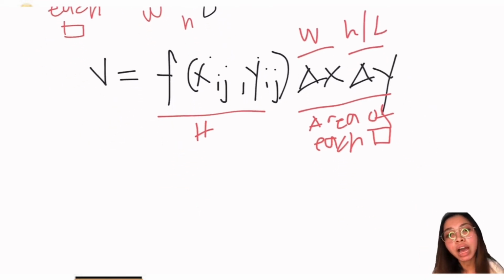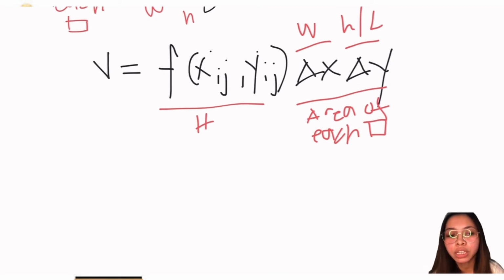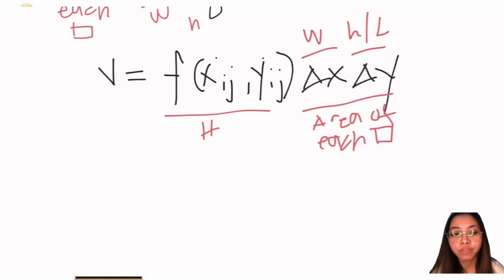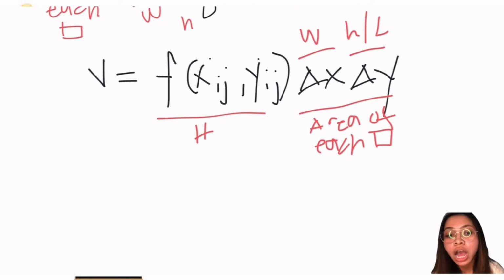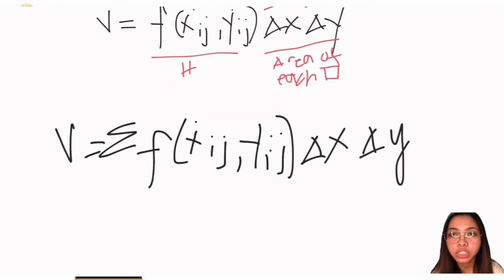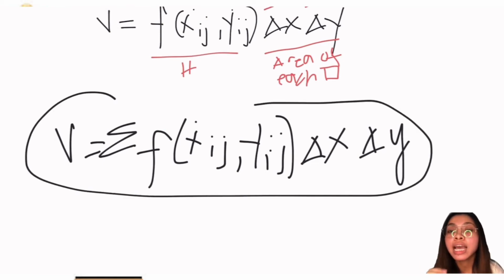So we can now have the volume of each rectangle, then the entire volume of the area under the surface, which is the summation of the function f of x sub ij star, y sub ij star times delta x, delta y.